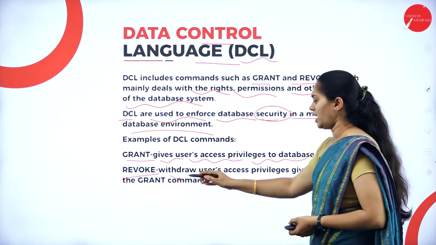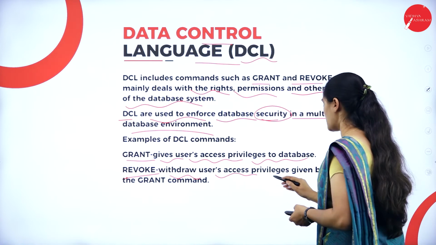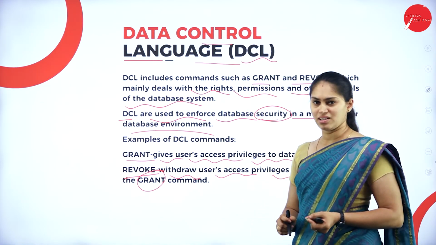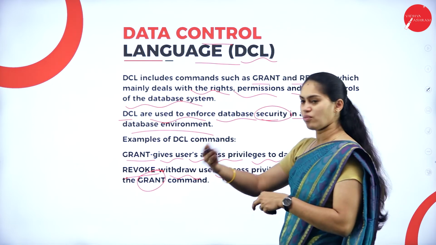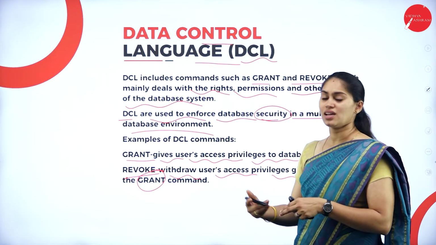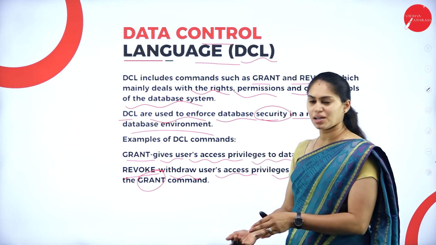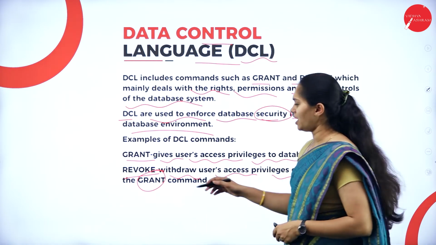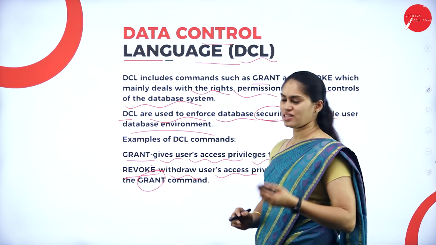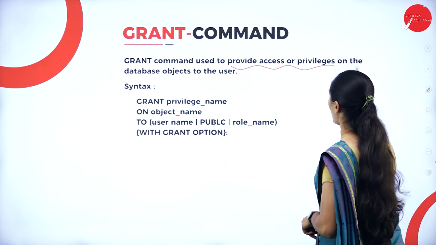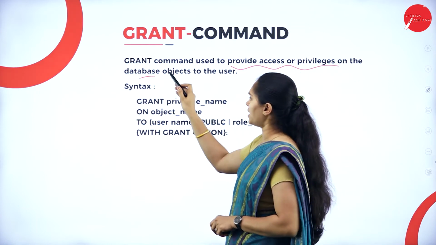Revoke withdraws the user's access privileges which were given using a grant command. With a grant command, I am just providing access to the database, and whatever rights or permissions were given by the grant command will be taken back with the help of the revoke command. You can see each command here. The grant command is mainly used to provide access or privileges on database objects.